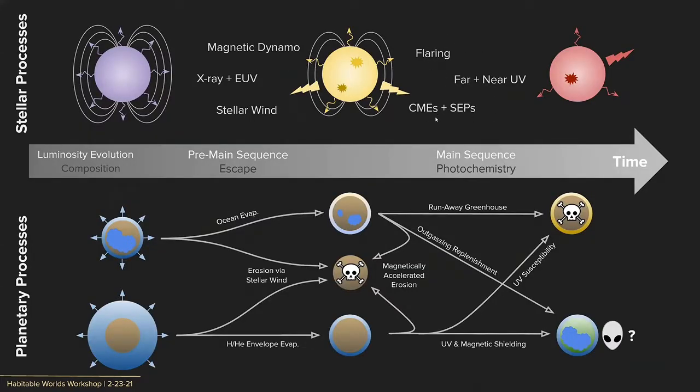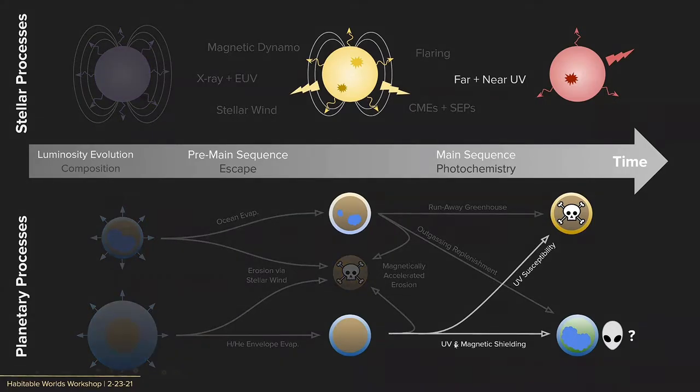So now that we've talked about flares and coronal mass ejections, I want to talk a little bit more about how far and near UV radiation can impact the photochemistry of a planet, as well as its ability to be habitable or interpreted as habitable, or to create a bad environment for life.